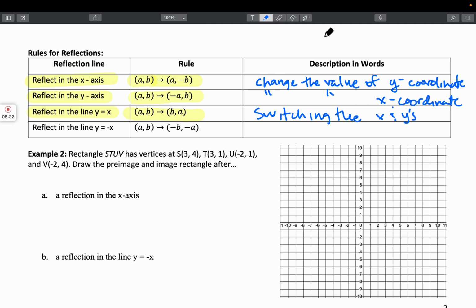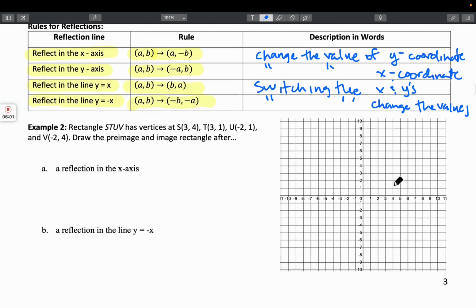All right, and finally, here's our fourth rule. When we reflect over the line y equals negative x, which goes on the other diagonal through the origin, we take all of our ordered pairs (a, b), and they now go to (-b, -a). So not only do they switch, but they also change values. So we're going to switch the x and y's and change their values.